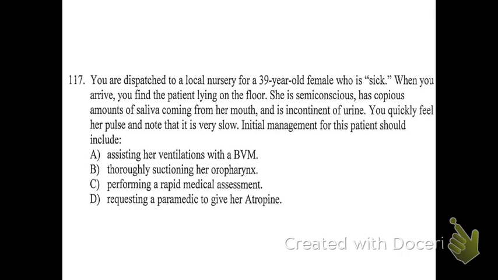But they usually are pointing to a very specific thing that you know. And they're going to give you signs and symptoms for something that you can identify. Lying on the floor, semi-conscious, incontinent of urine, all of those things kind of point to coming out of her seizure, that she lost control of herself. Also, the very slow pulse is a good indicator, that postictal phase. So just wanted y'all to be able to recognize that.